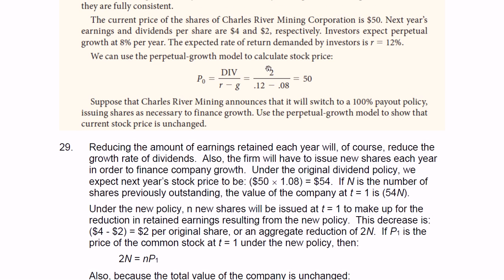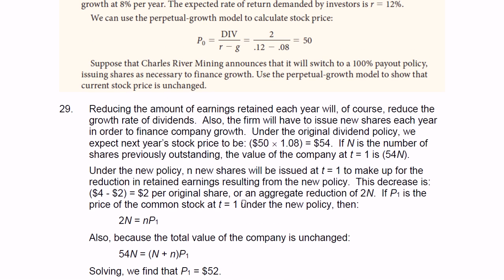So in the old policy, the dividend is 2 and the earnings per share are 4. And in the new policy, the dividend is 4 and the earnings per share stays the same, it's still 4. So the decrease in the retained earnings is $2 per original share, and the aggregate reduction over the total outstanding shares is N multiplied by 2.